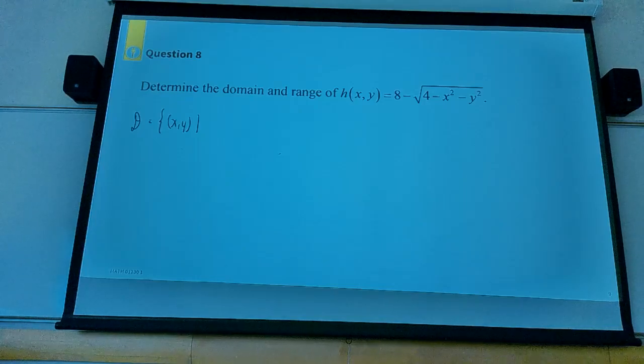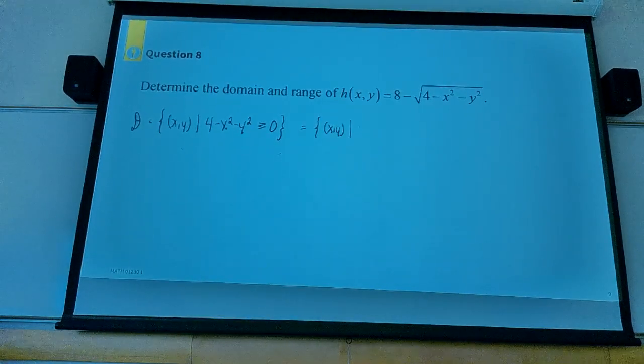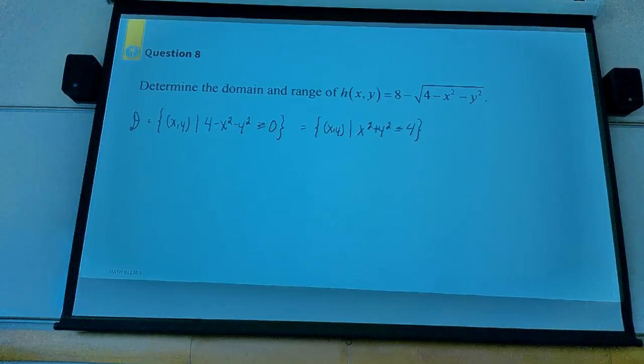Can't be negative anytime. Can be rewritten that way, can it?